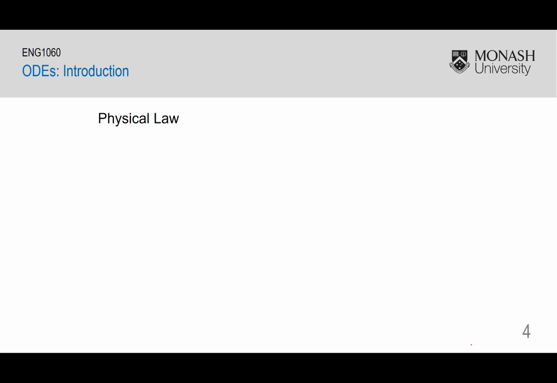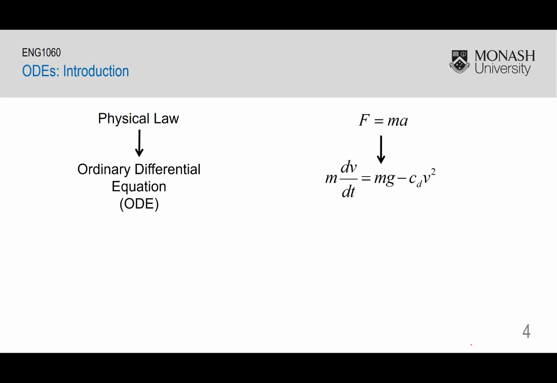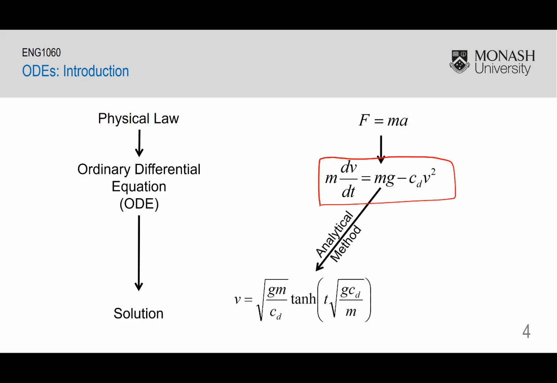So if we start off with a physical law, for example, F is equal to ma, we saw that in the case of the bungee jumper, we can derive an ordinary differential equation. In that particular case, that was the ordinary differential equation that we derived. Ideally, in the real world, we'd be able to take that ordinary differential equation and come up with an analytic solution. That's really what we'd like to be able to do.